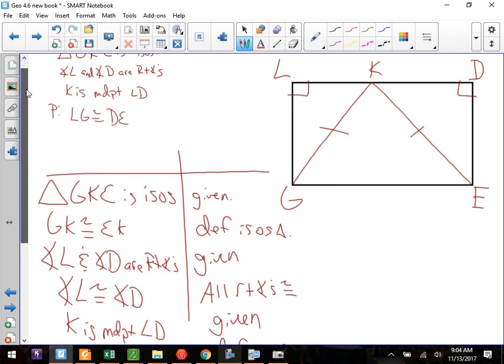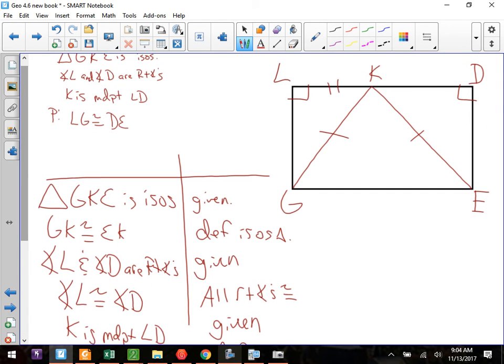And then again, go back up and mark your diagram. Do you have congruent triangles now? How? Hypotenuse length. This works for hypotenuse leg.